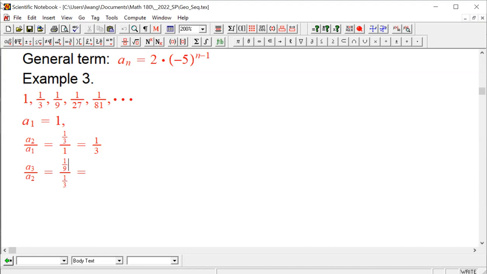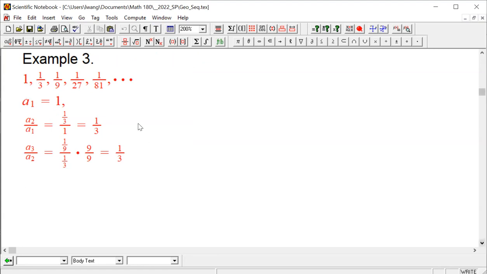We can multiply a 9 on the top, which is a common denominator between these two fractions, and multiply a 9 at the bottom. On the top, 1/9 times 9 is 1, and 1/3 times 9 is 3. So we get the same ratio. What I'm doing here is really to practice complex fractions.